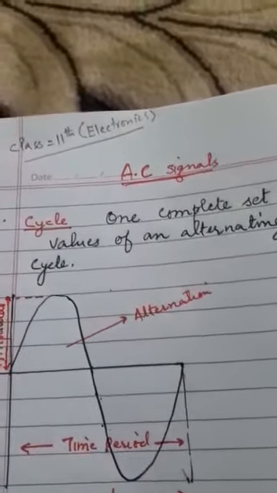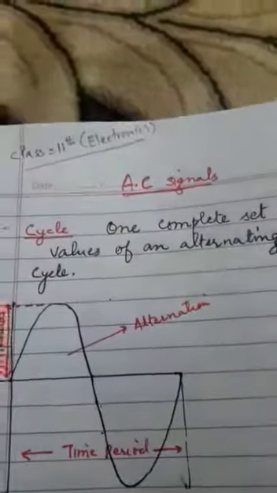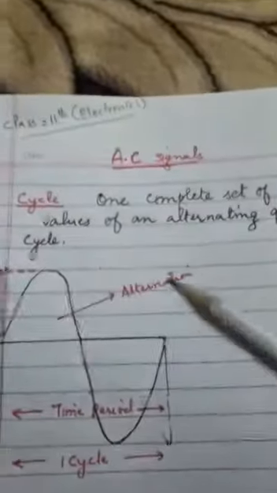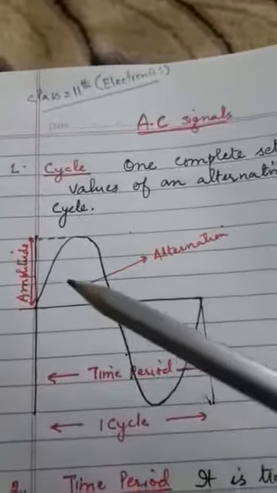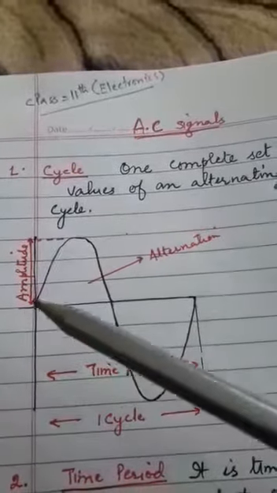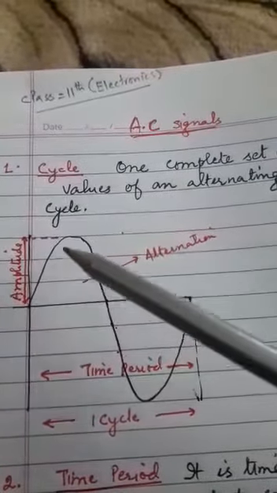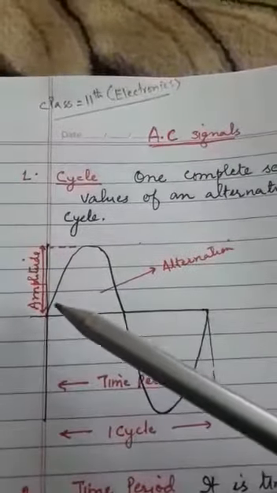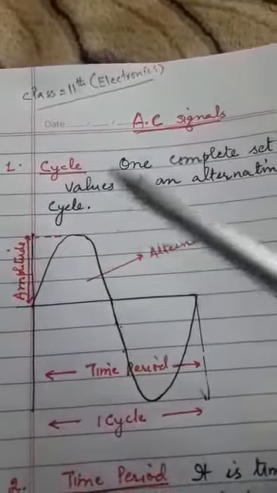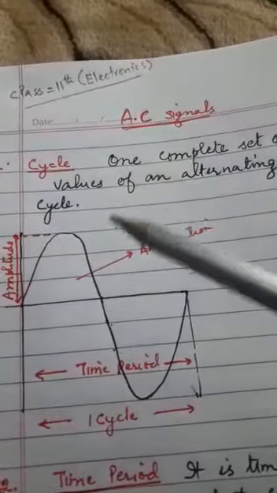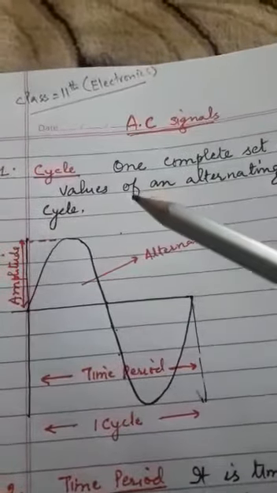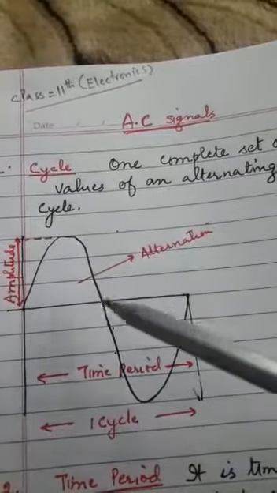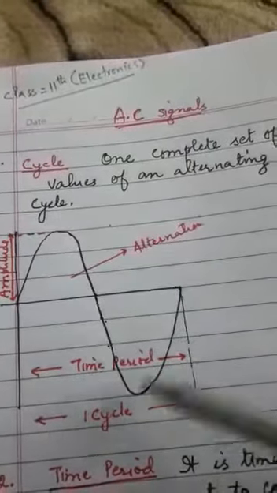What does a cycle mean? I have drawn a diagram here for a complete cycle. This is called a complete cycle. You are aware that alternating current is always measured in cycles or pulses.